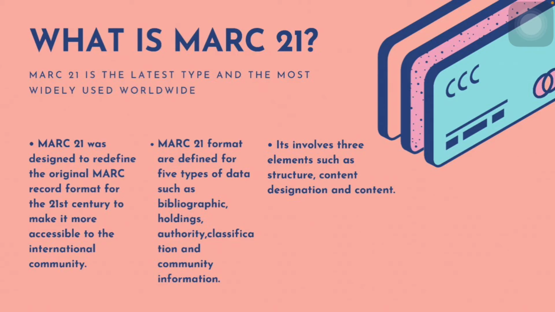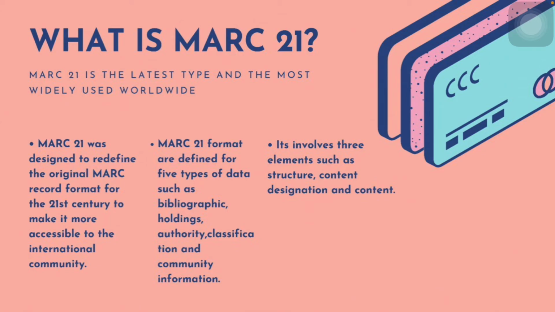A MARC record involves three elements: the record structure, the content designation, and the data content of the record. The structure of a MARC record is an implementation of national and international standards such as the information interchange format and the format for information exchange.